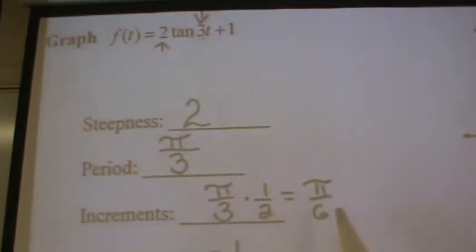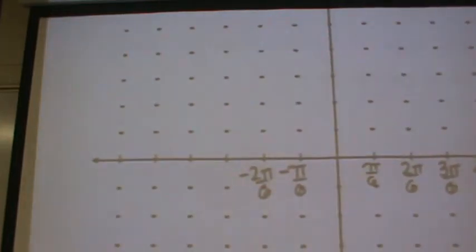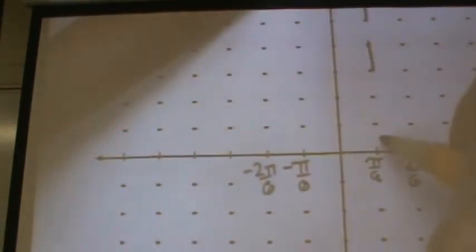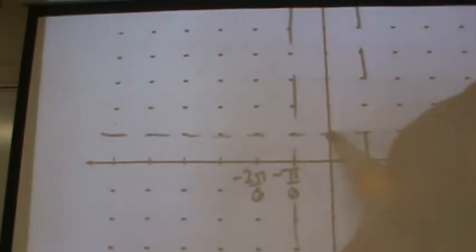So we have a shift 1 unit up. So we're gonna count by pi over 6. So this is 1 pi over 6, 2 pi over 6, 3 pi over 6, 4 pi over 6. This would be negative pi over 6, negative 2 pi over 6, and so forth. Where are your asymptotes? Here. This is a shift 1 unit up, and a steepness of what?